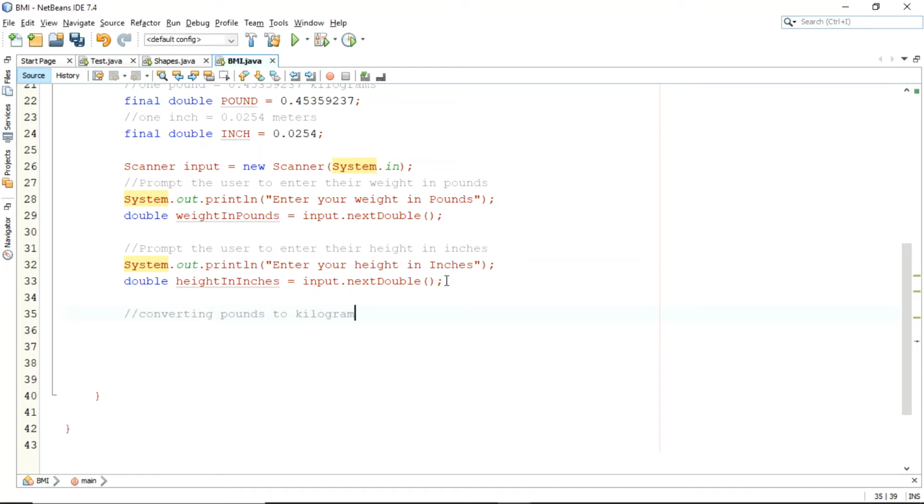So to do that, we shall say double weightInKilograms is equal to, so we shall multiply a pound by the new value entered by the user. So we shall have pound times weightInPounds.